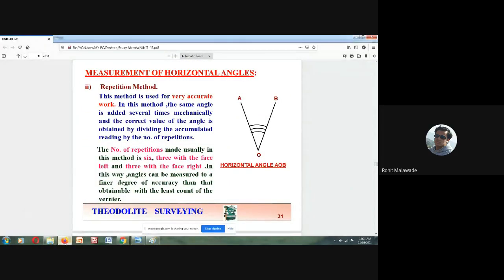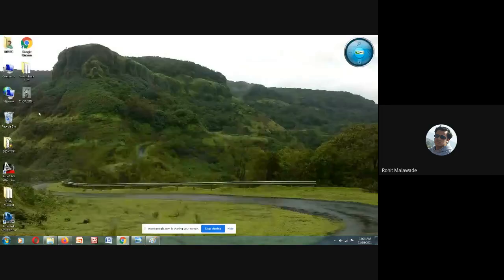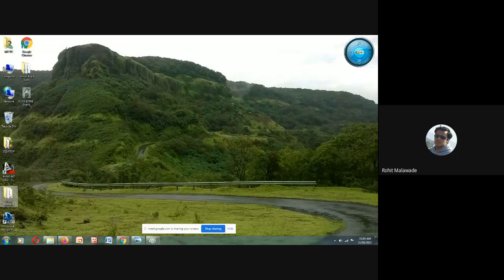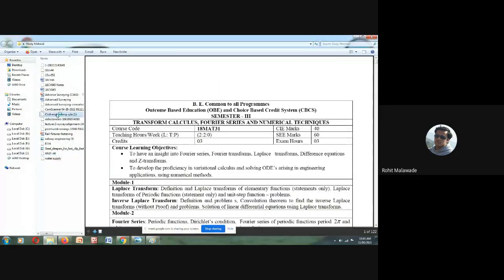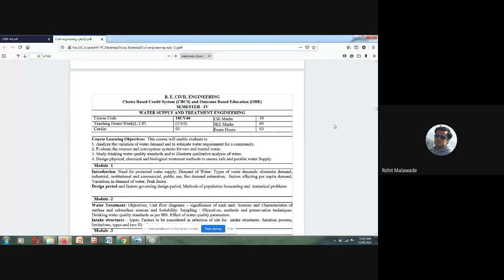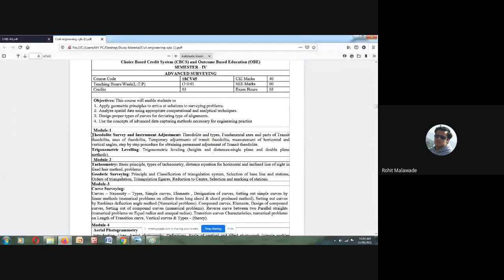Now we will see how much portion is remaining in our module 1. Okay, what is covered: theodolite, instrument adjustment, and types.